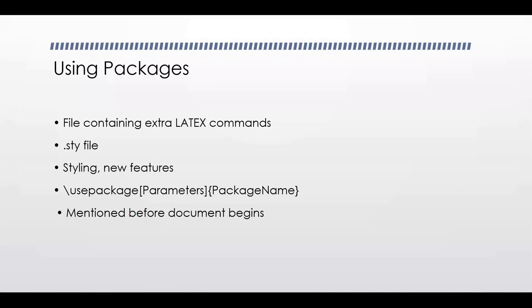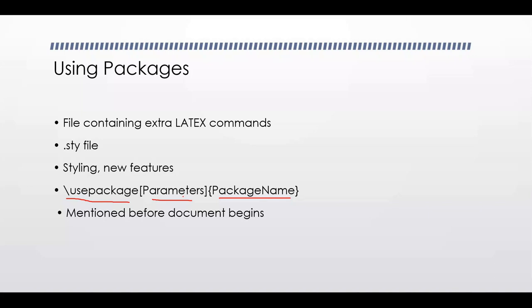Just remember one thing, that is the syntax: backslash usepackage, then some parameters, then the name of the package. The package name is like geometry, used for paper size and for margins, or graphics for images.